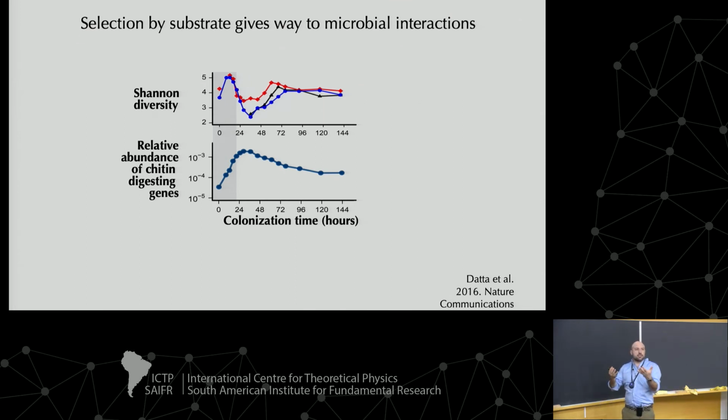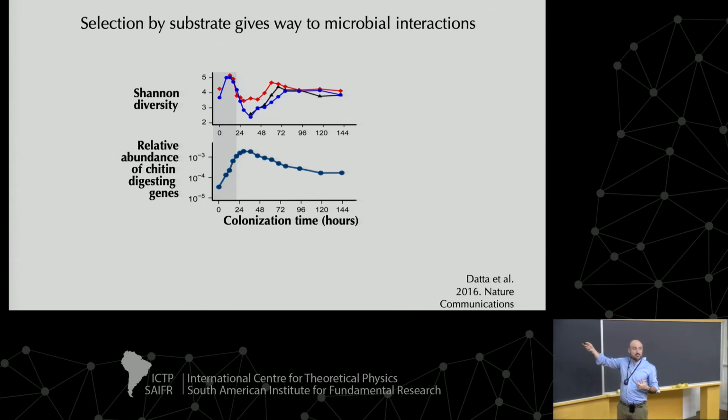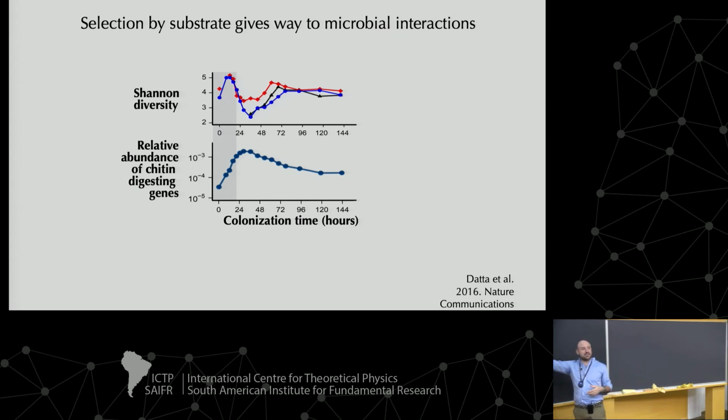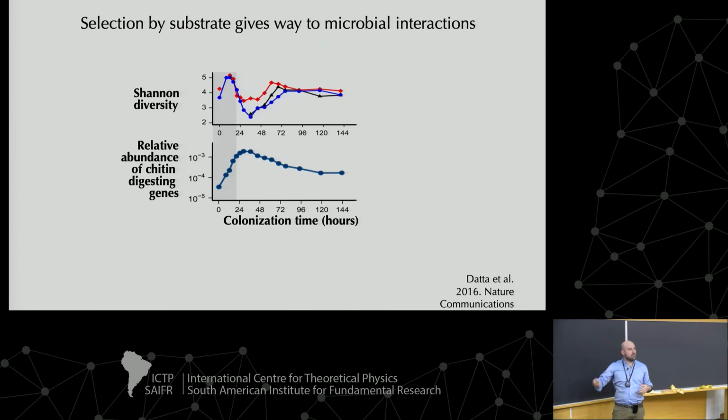You get a selection for the organisms that can degrade, which is what you would expect. Now, what I did not expect is that this frequency of enzymes declines and diversity goes back up, because that's the second round of colonization, the S2 in my sketch there, the other type of species.